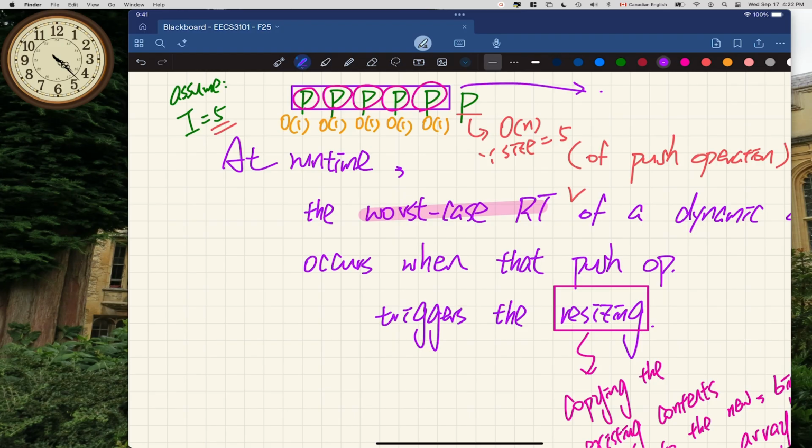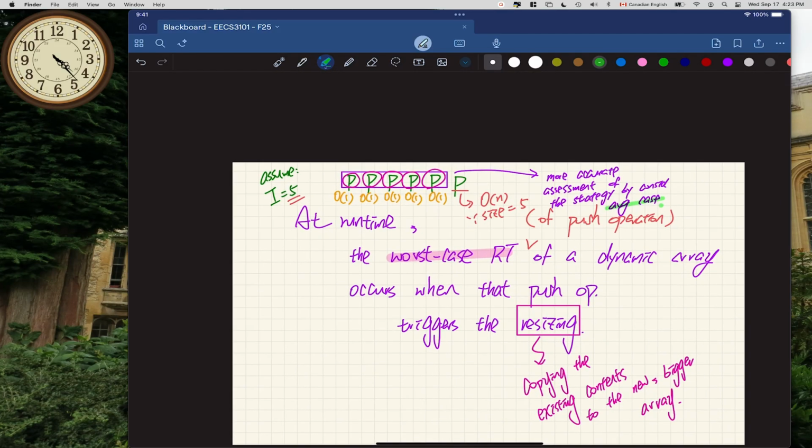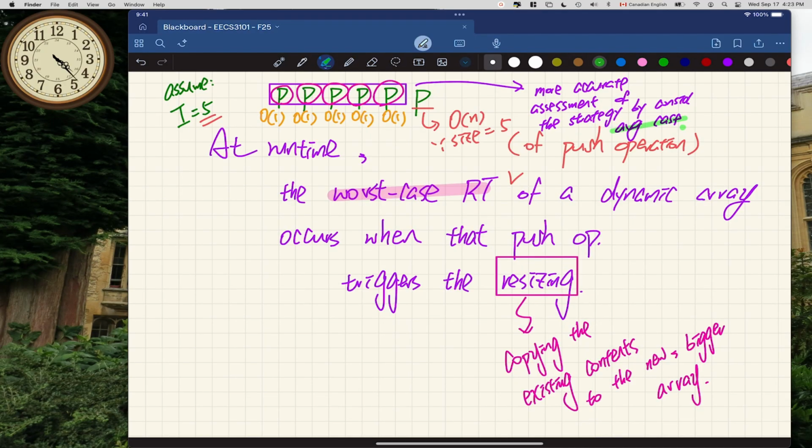So it will be a more accurate assessment of the strategy by considering average case. That's something we'll derive together. I'm just trying to give you some intuition first.